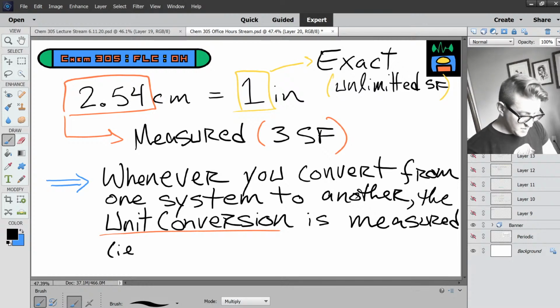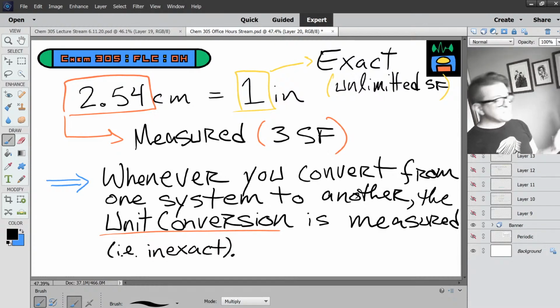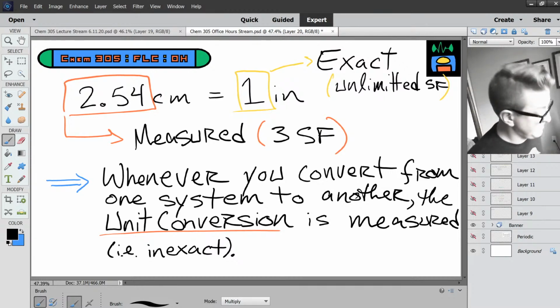In other words, inexact. Unit conversions are only exact when you stay within the system.